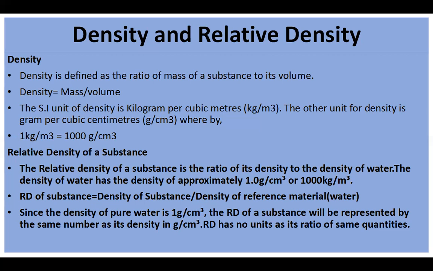What needs to be done is to change the unit of one of them, either the density of water or the density of the substance, so they are in the same unit. Then you can divide them, and the relative density remains a single number, with no unit. You have to note that the relative density has no unit.